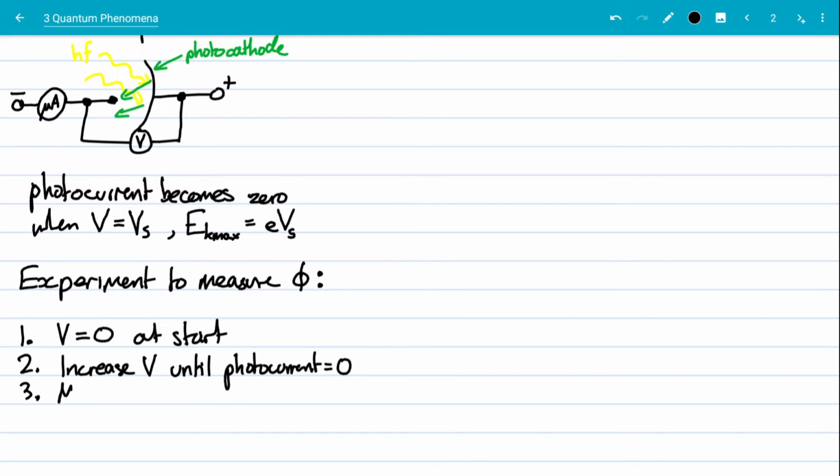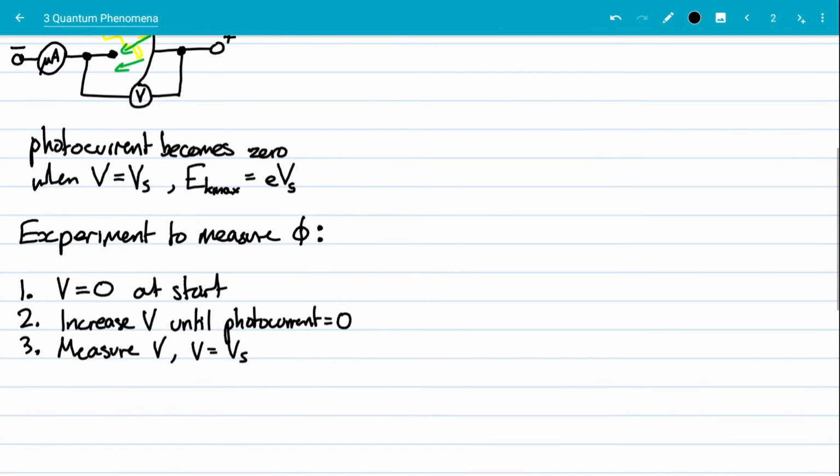And then we can measure the V, which is equal to the stopping potential. Now, we could do that for different photon energies. And why do we do that?